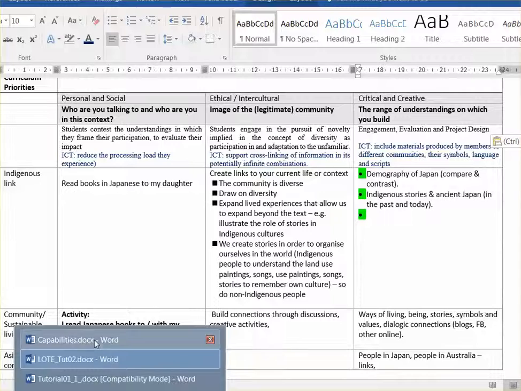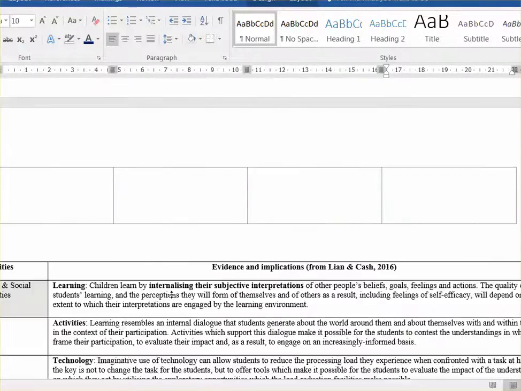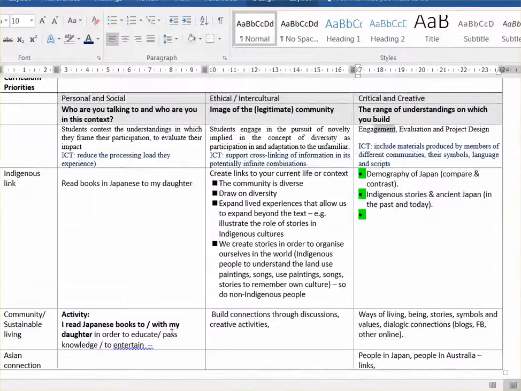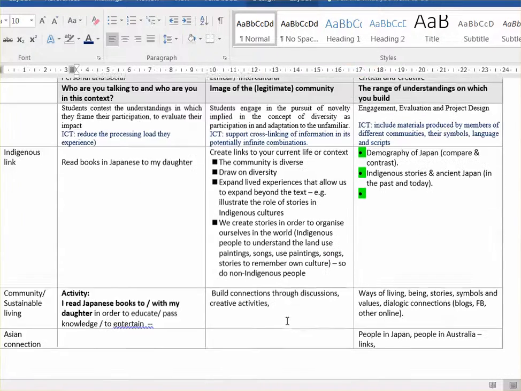I just have a look because I crossed out something somewhere. Sorry for that. So students develop an informed understanding of the conversations. Okay. So that's the idea.